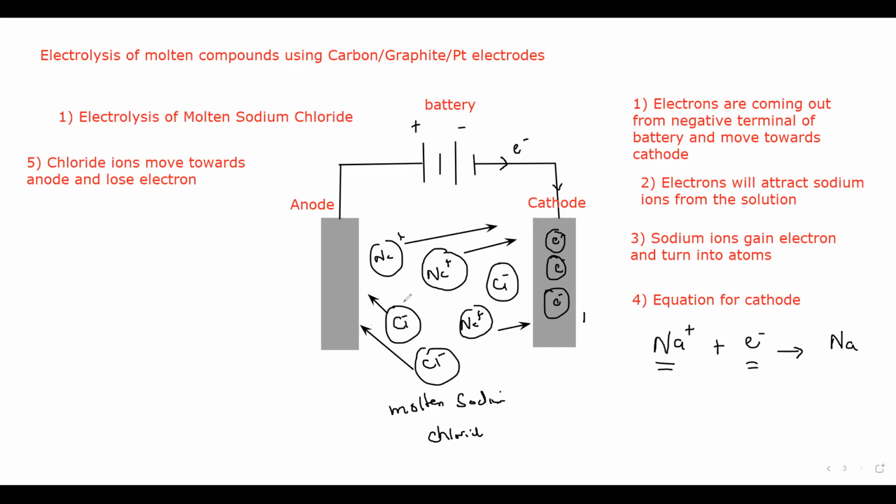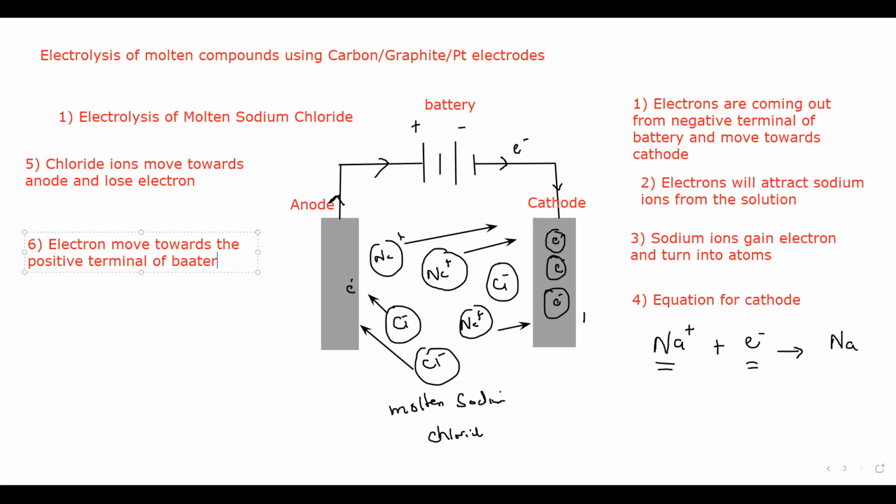So the chloride ions move towards the anode and lose electron, turning into chlorine atoms, and the electron moves towards the positive terminal of the battery.